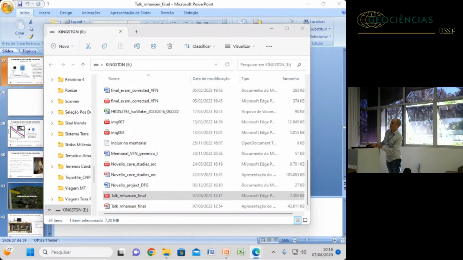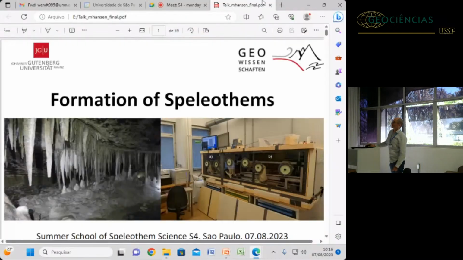Just open the PDF. I think it's open over here. Just slide it over. How do we do that over here? Is there a full screen mode? To the right, maybe the 3 dots.